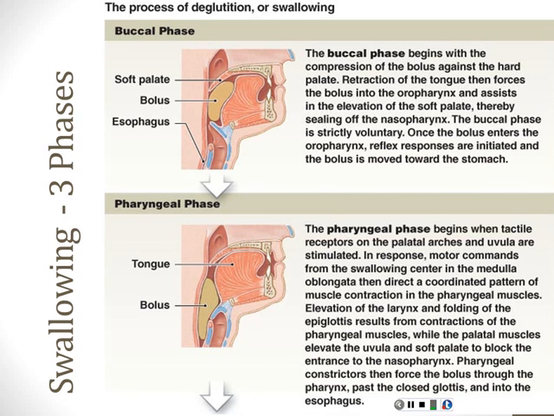So the bolus sort of slides past here. At this point as well, the glottis is closed. So even if this trap door effect doesn't work, you're not going to get stuff down into your lungs because the doorway, remember the doorway that opens and closes, is closed, so nothing can get through.